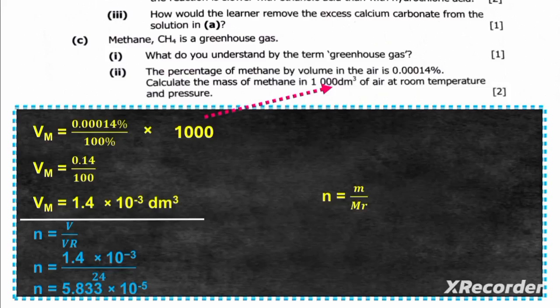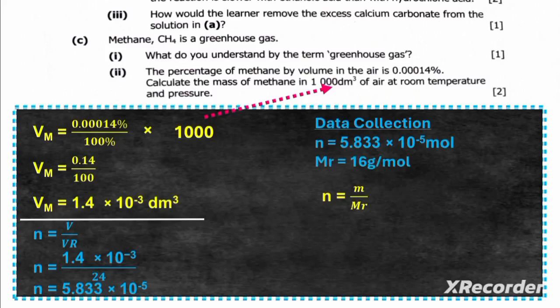What have we been asked to find? To find the mass. So we have successfully managed to find the number of moles. Now let us find the mass. The number of moles is 5.833 times 10 to the power negative 5. The molar mass of methane is 16 gram per mole.